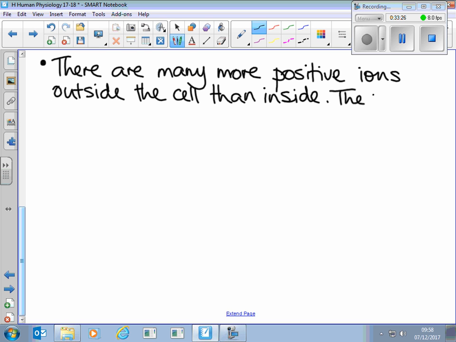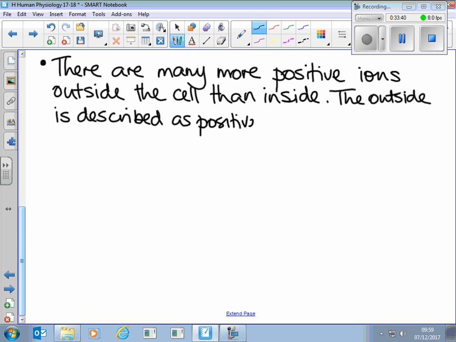The outside is described as positive, and the inside as negative. I'm not going to write it, but this is a relative thing.